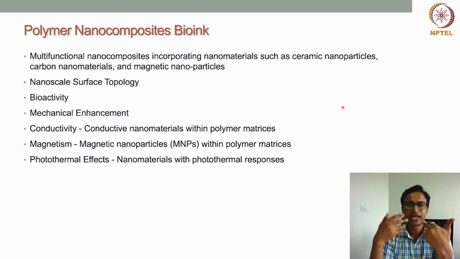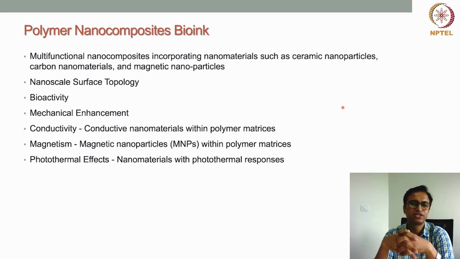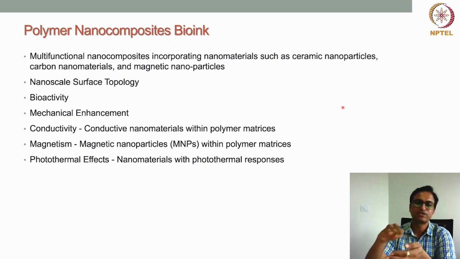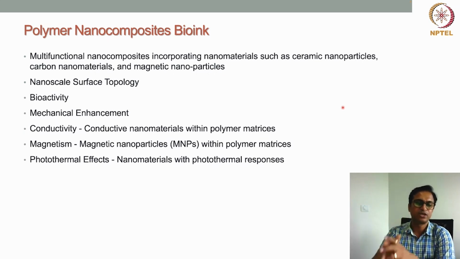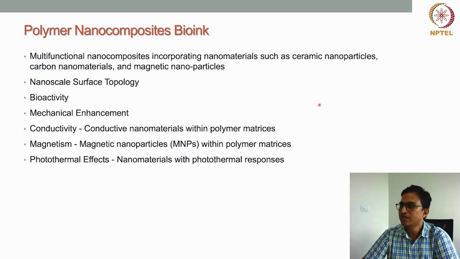These nanomaterials can improve the surface topology, so nano surface roughness can be created. It has been observed that as the surface roughness increases, the cellular response is far superior compared to without this nano topology.